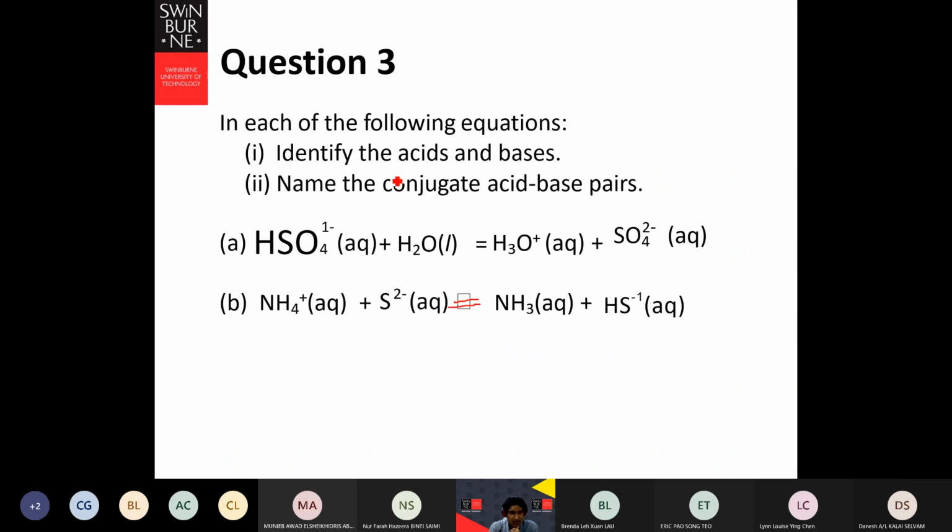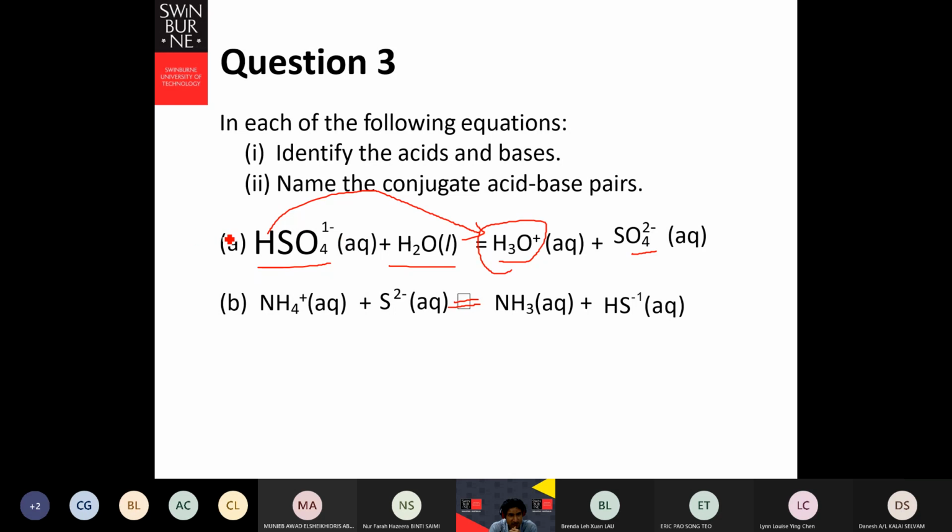Okay, so in each of the following equations, identify the acid and bases, and name the conjugate acid and base as well. So this is bisulfate ion, and when we are adding water to bisulfate ion, hydronium ion is formed and sulfate ion is formed. That means this HSO4 negative ion is able to donate the hydrogen to water, right?